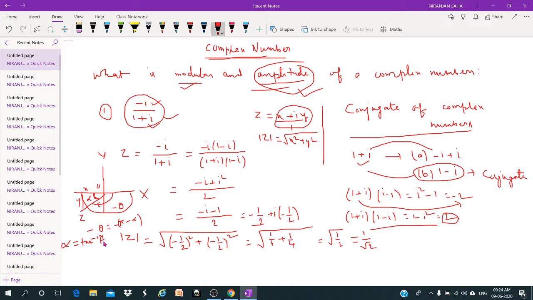Modulus sign we can put here because we have already considered the negative sign, taking the complex number in the third quadrant. We can put here modulus of y by x. So now the amplitude of z can be found out. Amplitude of z is equal to minus theta, which will be minus pi minus alpha, which will be minus pi plus alpha.